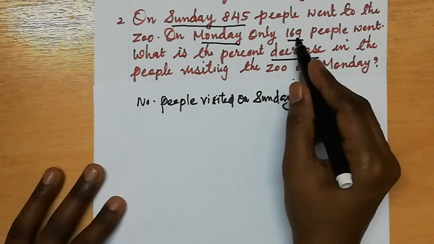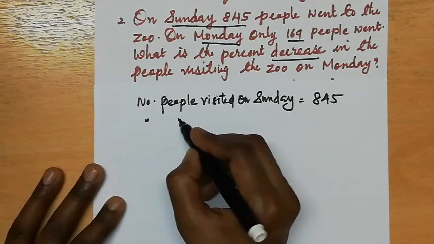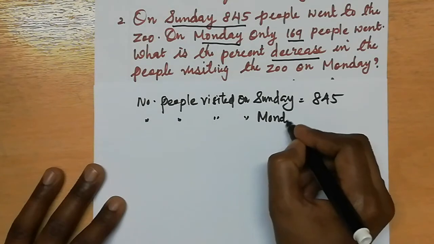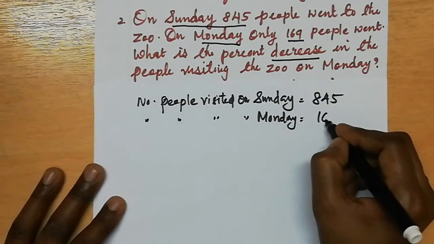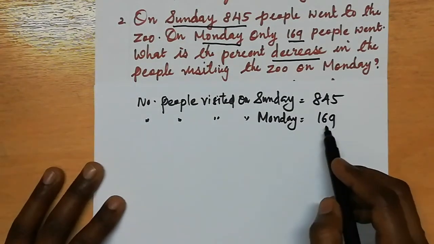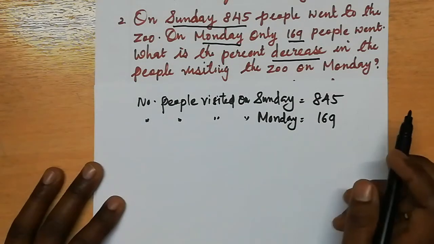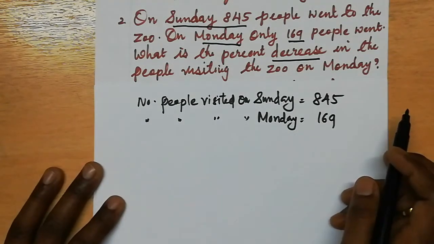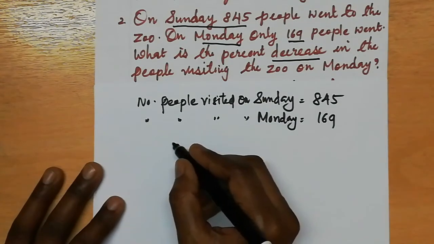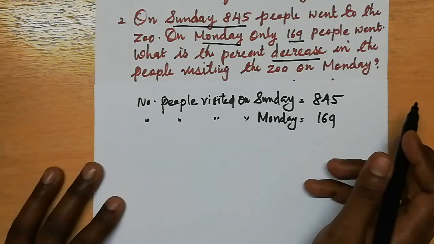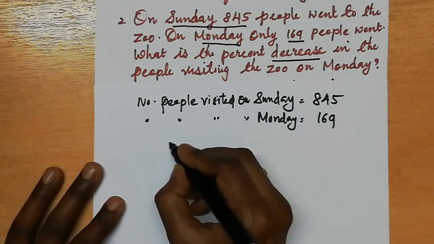Then number of people visited on Monday is 169. That means there is a decrease in the people visiting on Monday. Okay, what is the decrease? How to find the decrease? Decrease means we should take a subtraction.